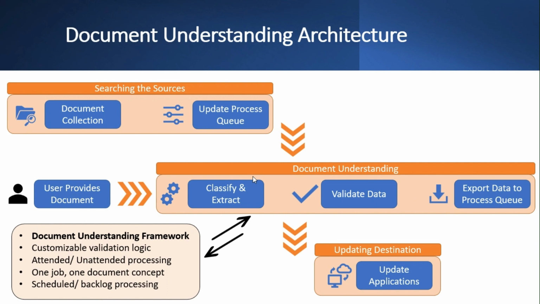The main thing here is it follows a specific concept. It's called one job per document. So every job that you trigger in the orchestrator will only process one document. I'm not referring to the source or the destination. I'm referring only to this part where you process the document.